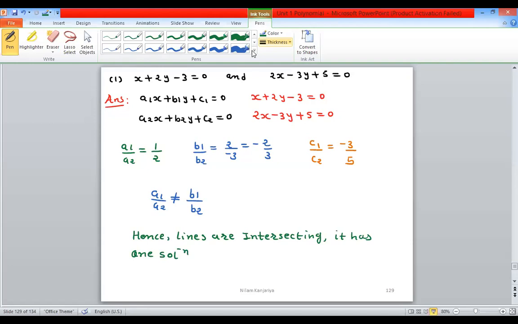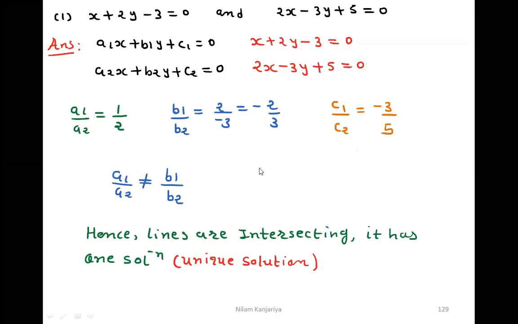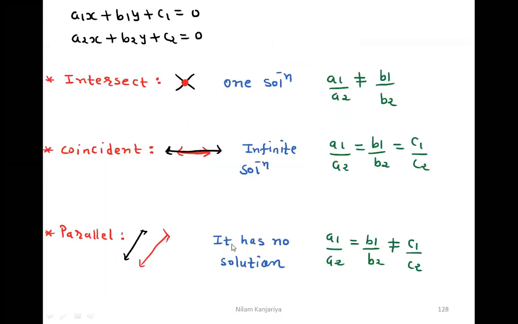Many books use the term unique solution also for one solution, so remember this. I hope you got it. First of all, check which condition is satisfied. There are three conditions to identify whether the lines are intersecting, coincident, or parallel.